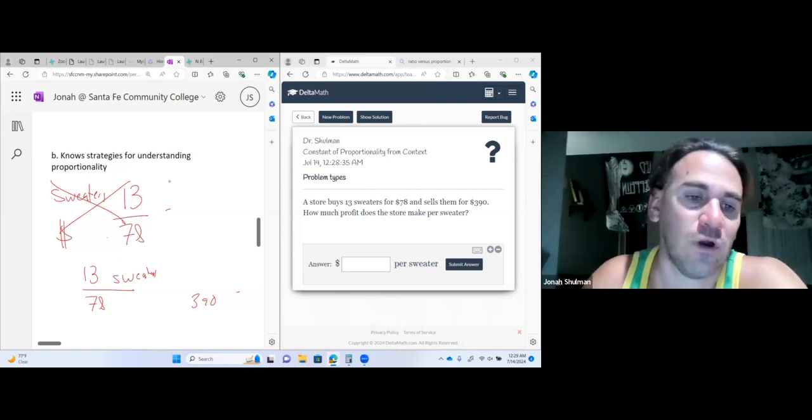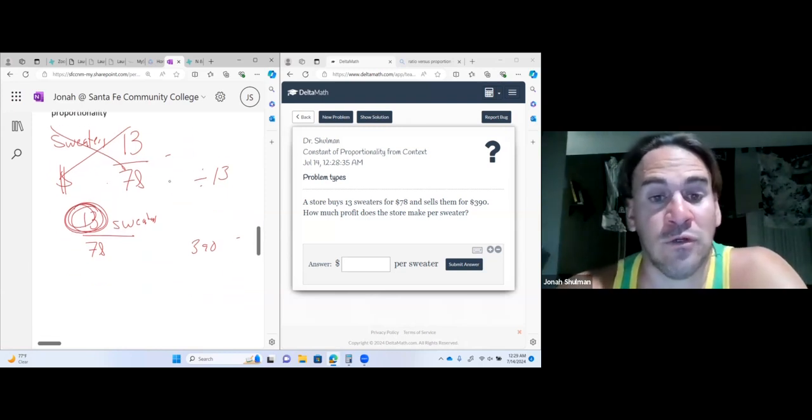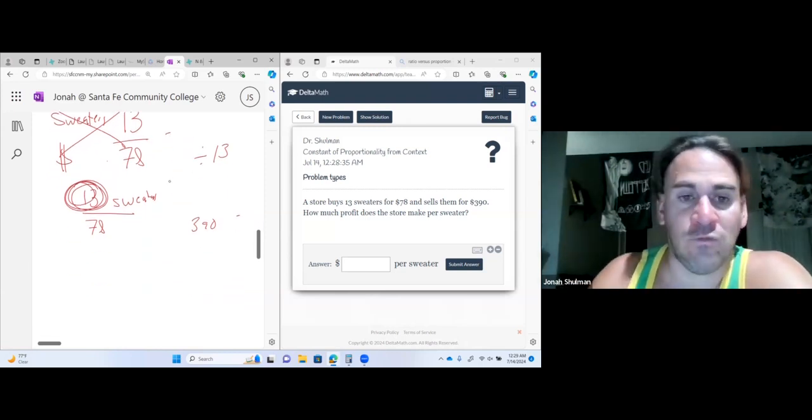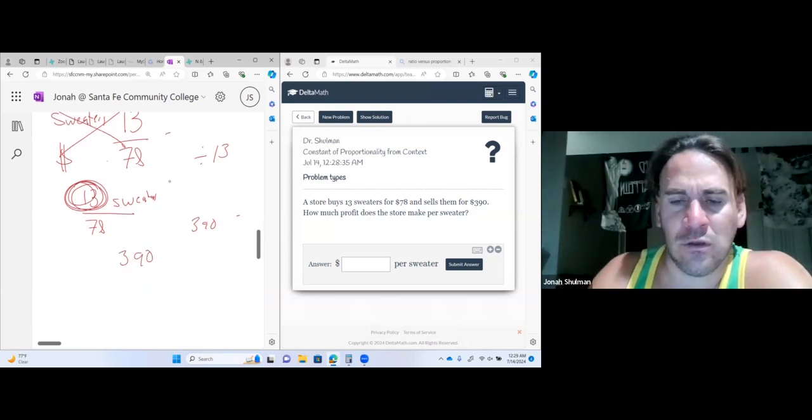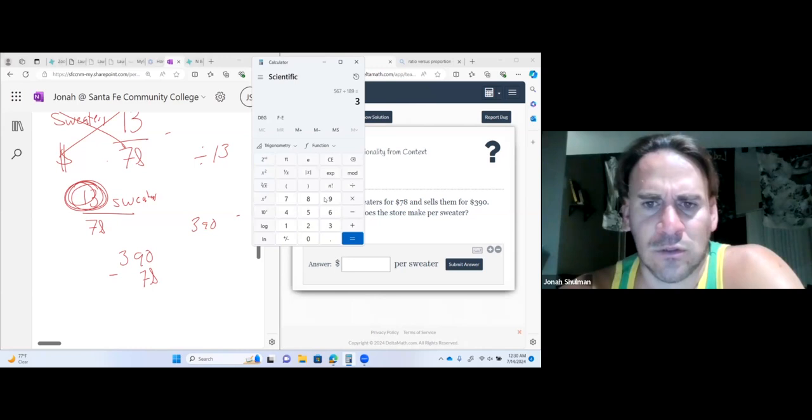After we get the profit, we have to divide it by 13. So my method would be: we have $390 and I'm going to subtract $78, because that's how much we spent already. If I'm wrong, that's okay. We'll learn this one together.